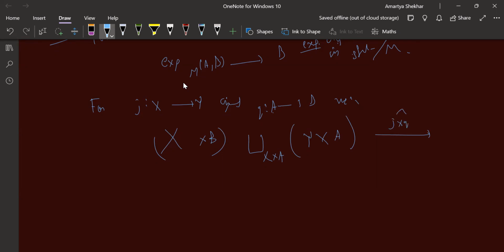Right, so this is the pushout. And this is the pullback exponential.